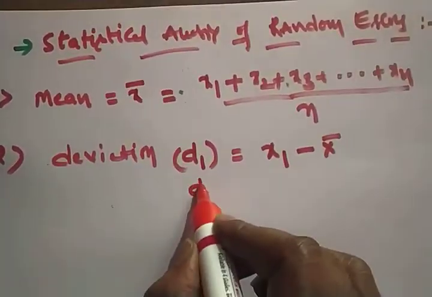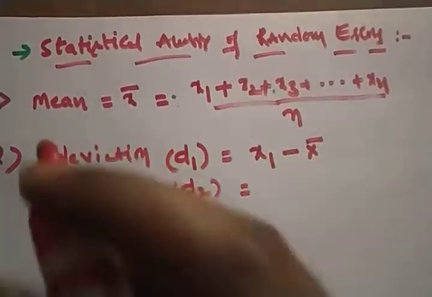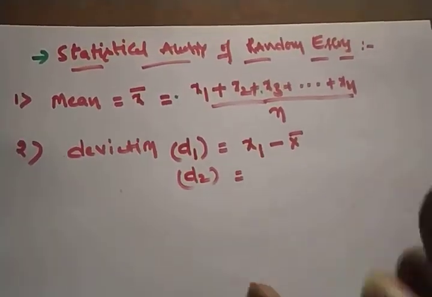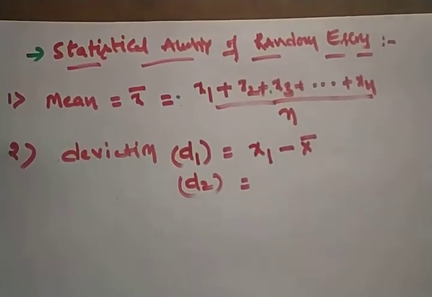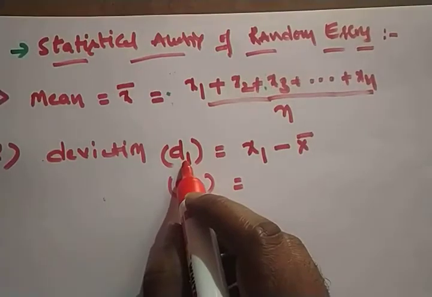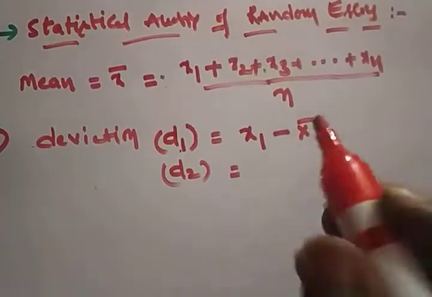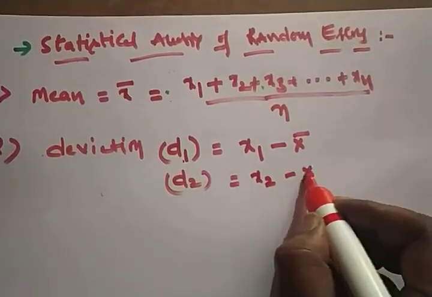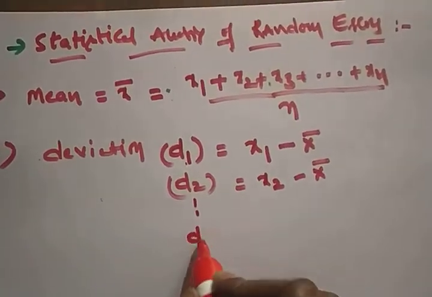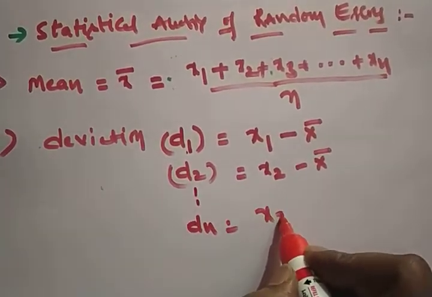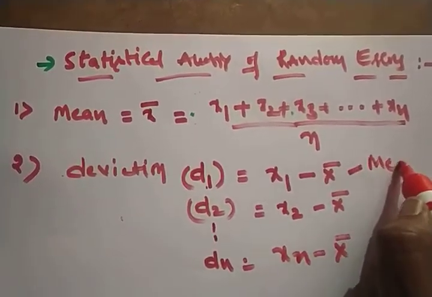If you want D2, the deviation from the mean value, you don't need to analyze, just see the formulas themselves, and with that you will solve the problem. The deviation in the first measurement is x1 minus x bar, D2 means x2 minus x bar, and so on, Dn means xn minus x bar. You know x bar is the mean value.